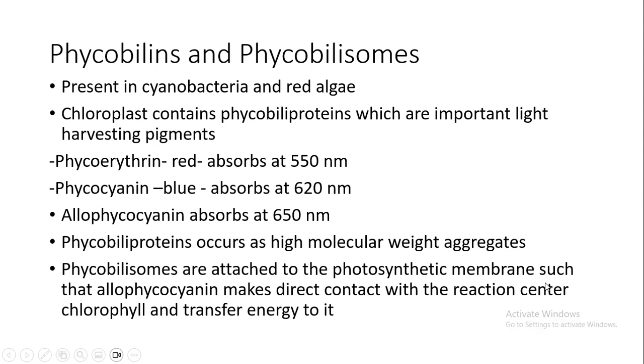These phycobilisomes are present adjacent to or attached to the photosynthetic membrane in such a way that they make direct contact with the chlorophyll reaction center, so that the energy can be immediately transferred to the reaction center chlorophyll molecule.